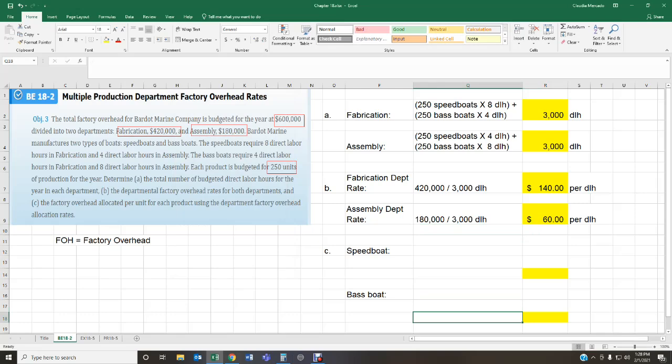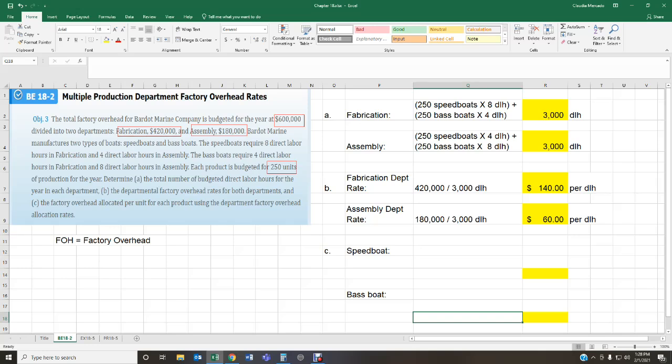So now we know the departmental factory overhead rates. For every hour that my speedboat is in my fabrication department, I'm spending $140 in factory overhead. For every hour that any type of boat is in my assembly department, I'm spending $60.